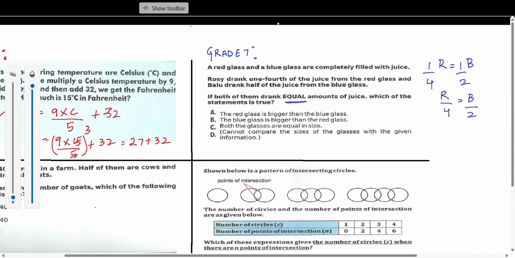Let us try to get what is R in terms of B. So R becomes, when 4 goes to the opposite side, 4B by 2, which is 2B.